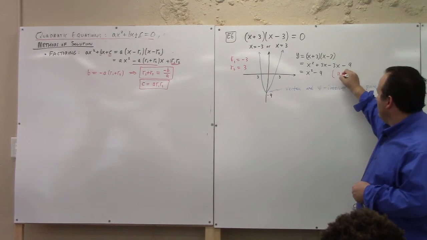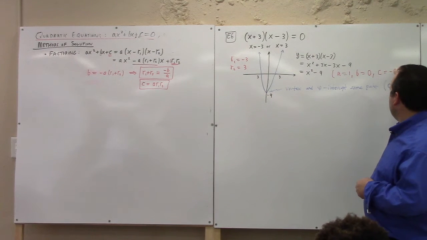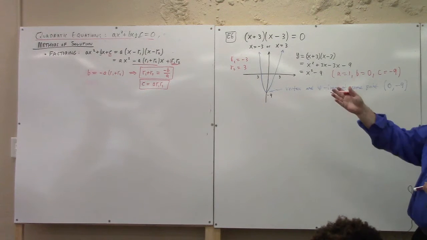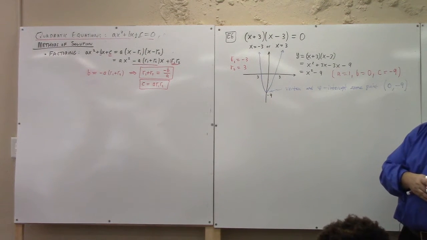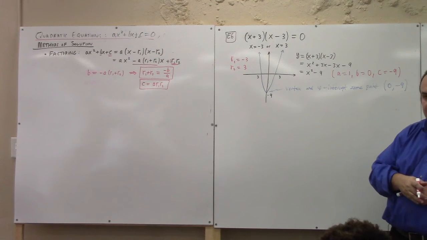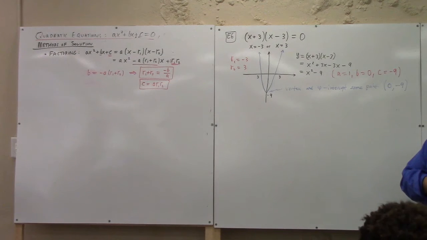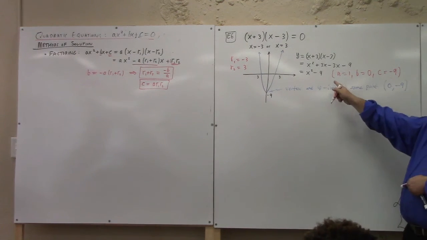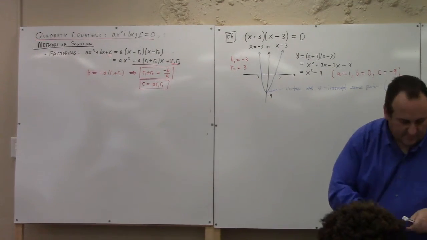This says a equals 1, b equals 0, c equals minus 9, right? So notice that the first boxed formula is legit, right? The sum of the roots is 0. That is, in fact, also the value of minus b over 2a. And the second formula, a times r1 times r2, well, 1 times minus 3 times 3 is minus 9, and that is indeed the constant, right? So these formulas can be useful.